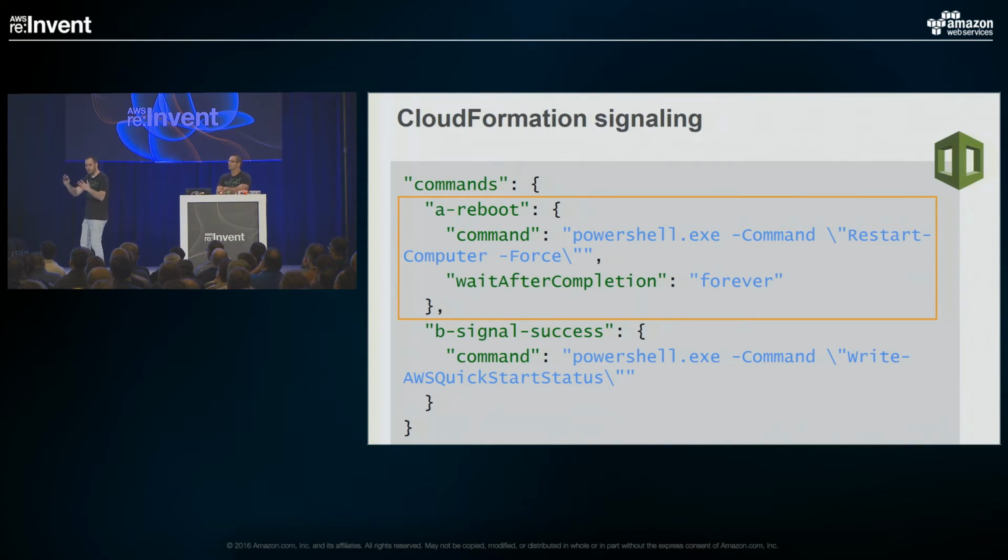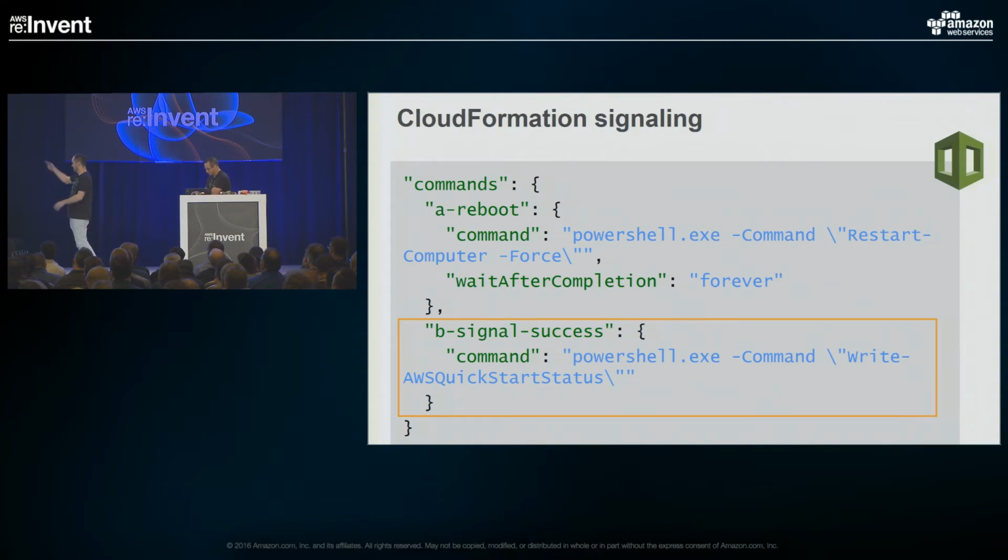It'll wait until the instance comes back up and is online. Then it'll execute the next step in CFN init. We'll call PowerShell exe, and call one of the command lists that we have in our AWS Quick Start module, and that'll signal up to CloudFormation.